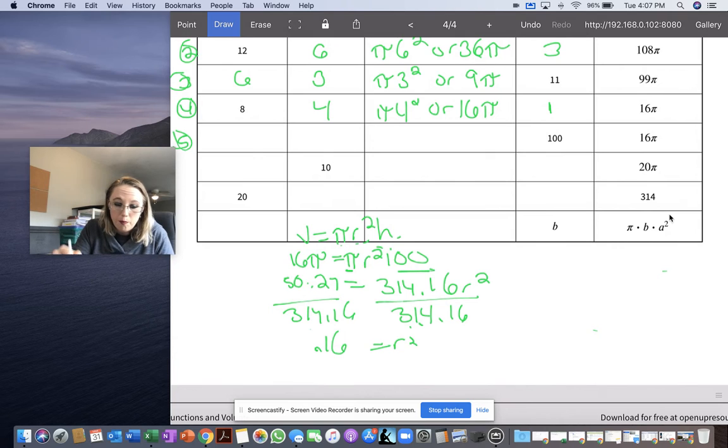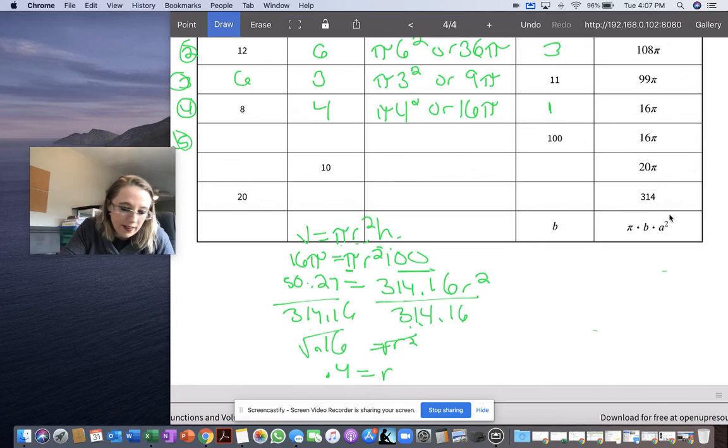So then 0.16 is, let's see. So now we know that 0.16 pi is going to be our area, okay? And we need to take the square root, which is 0.4 equals r.